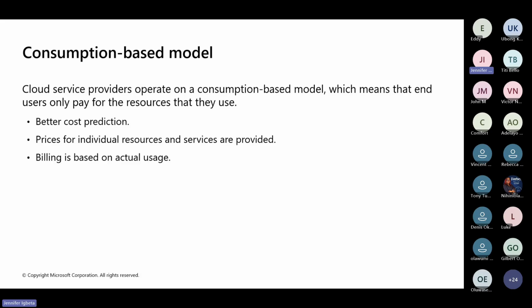Number two, prices for individual resources and services are provided. And number three, billing is based on actual usage. So let's take it from the top. In fact, let's start from the middle, which says prices for individual resources and services are provided.